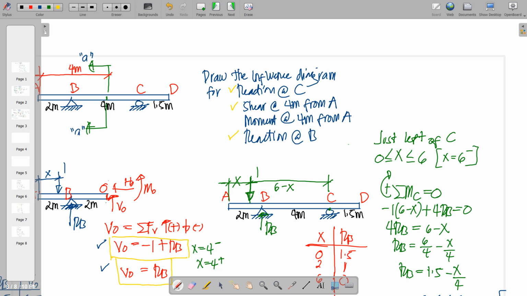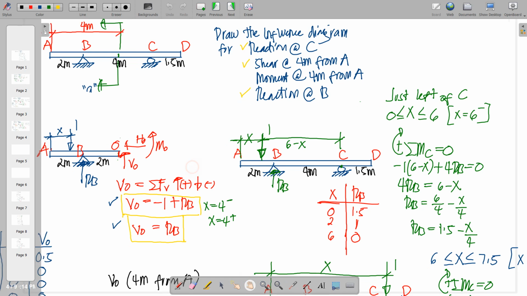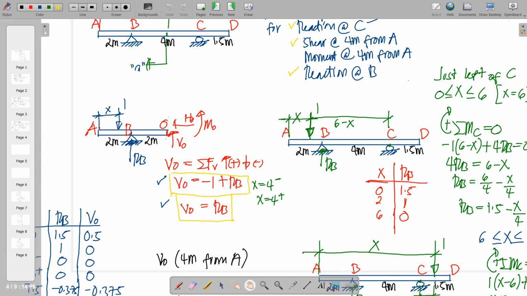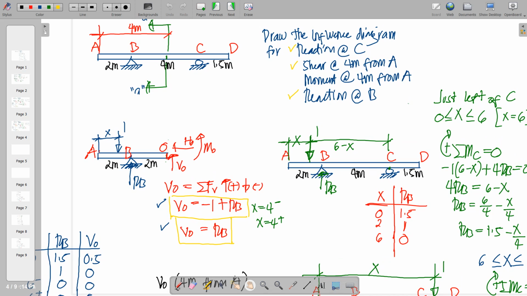We'll just have to solve for the moment 4 meters from A. For the moment at O, we will use the same figure as in the shear at O, because we have a similar section considering the left portion.